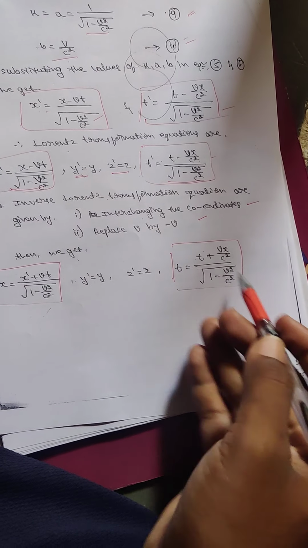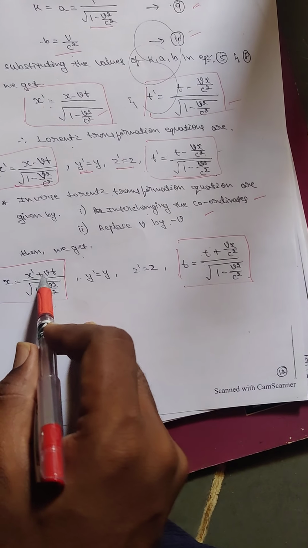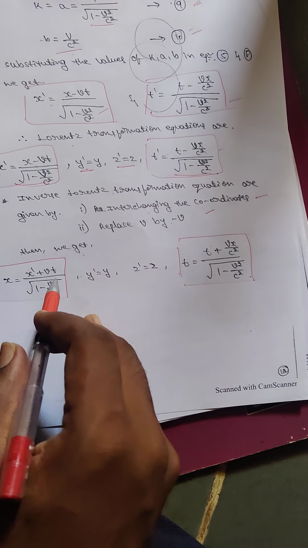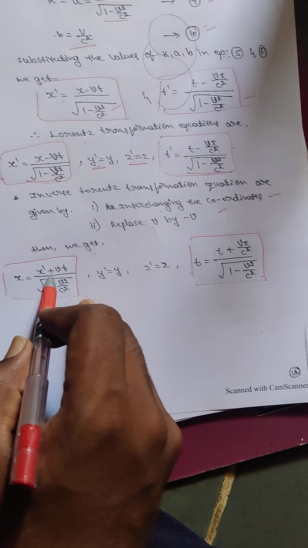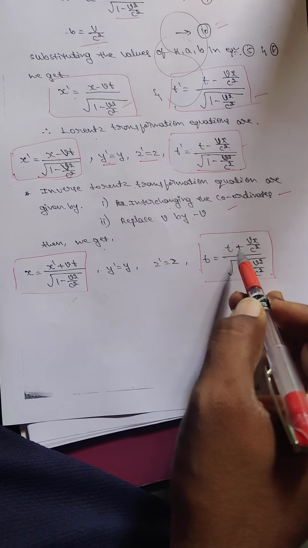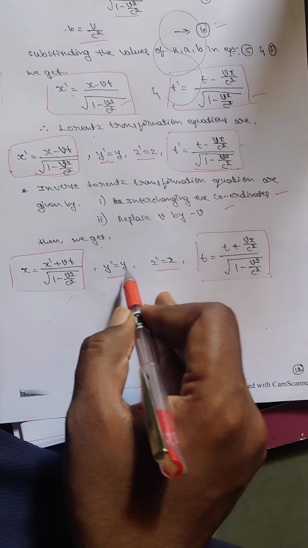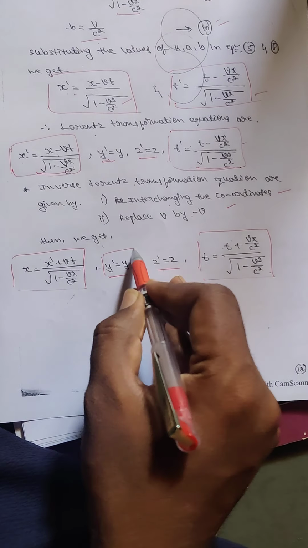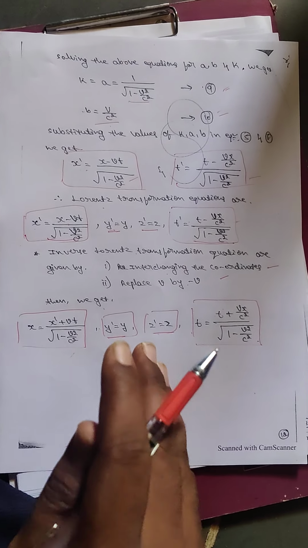We just interchange the coordinates and replace v by minus v. Minus into minus becomes plus, and here also it becomes plus. The y dash is equal to y, z dash is equal to z is the same for the inverse also. And this is about the Lorentz transformation equations.